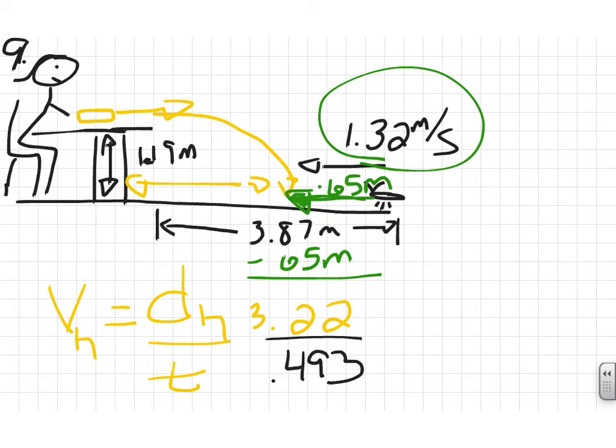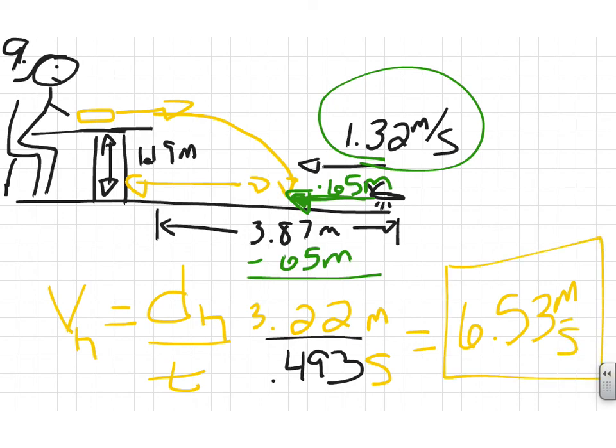If we subtract that out, we find the calculator has to cover 3.22 meters in the 0.493 seconds. So if we take 3.22 divided by 0.493, we get 6.53 meters per second.